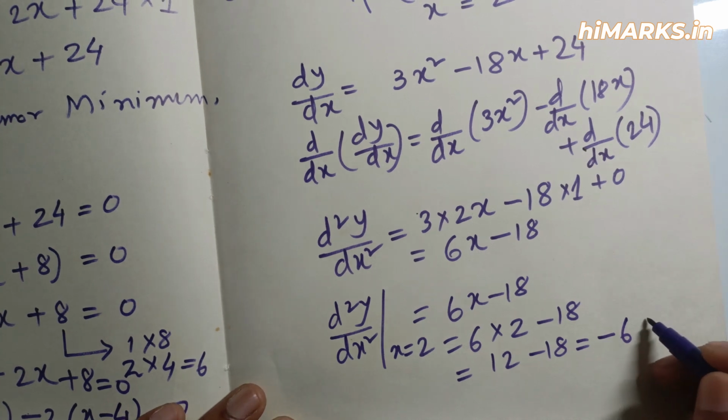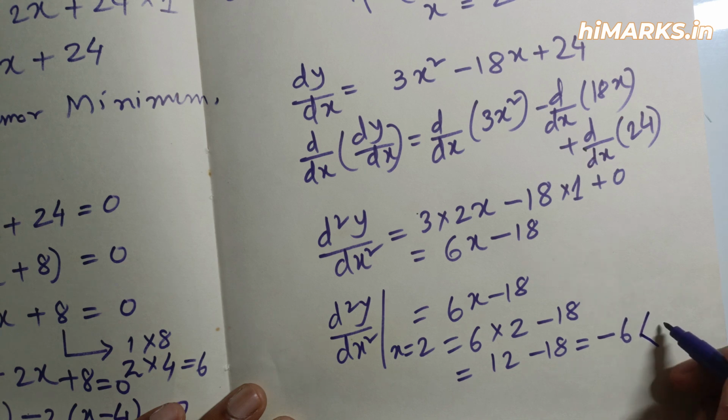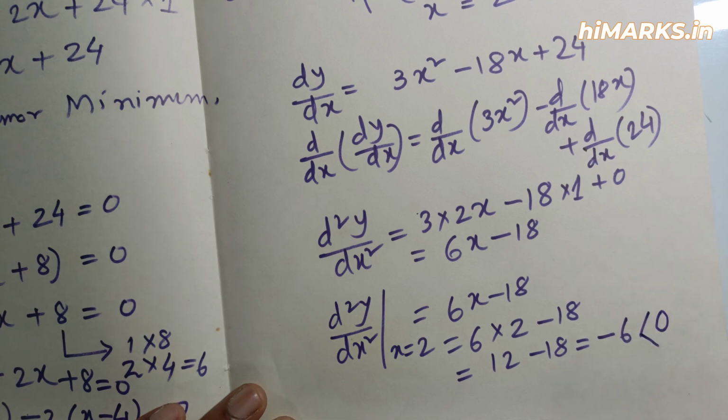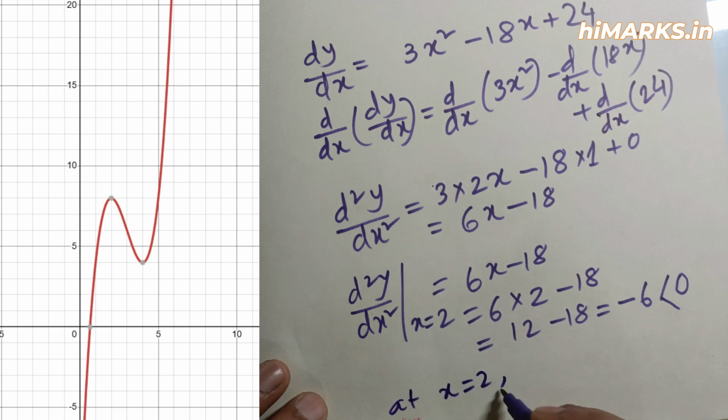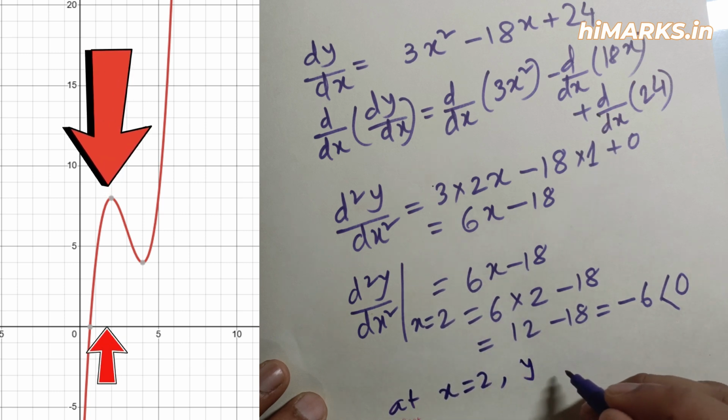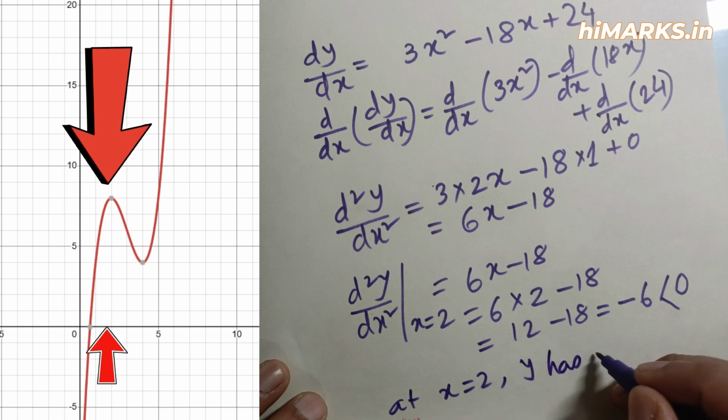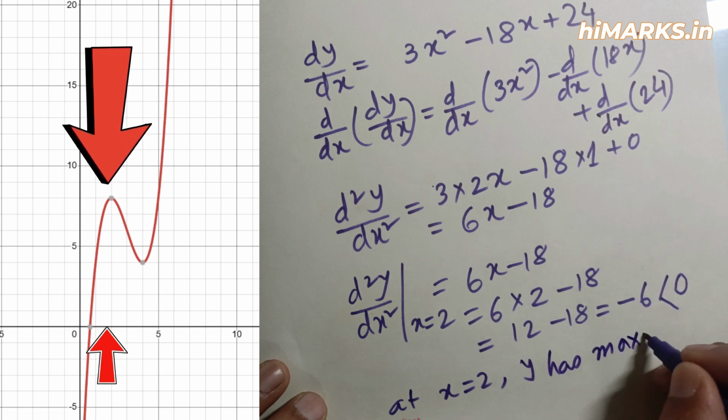That means it is a negative value. If the double derivative value is less than 0, then that value, here x equal to 2, indicates this will give a maximum value for the function.